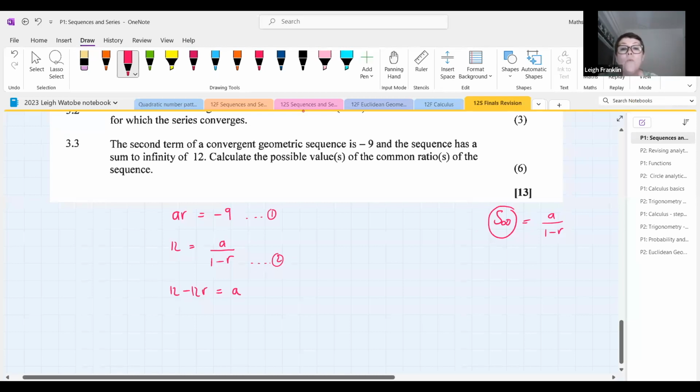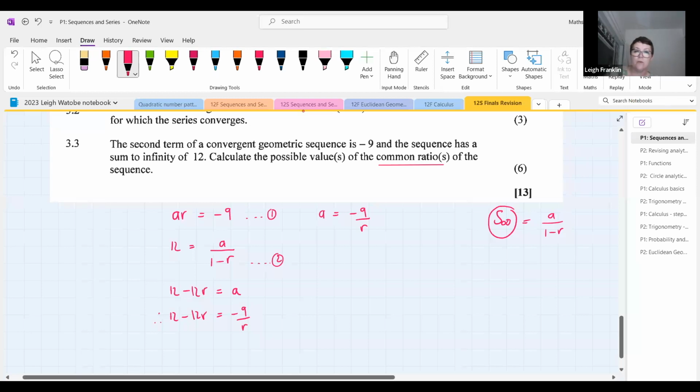But because they want us to solve for R, we want to remove this A and we want to get something in terms of R. So that means that we have got to make A the subject of the formula over here. So that would be minus 9 over R. Okay, so it would be 12 minus 12R is equal to minus 9 over R. Does that make sense to everybody?